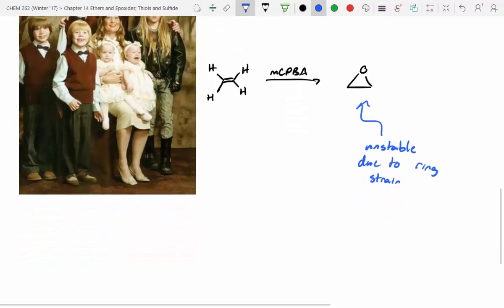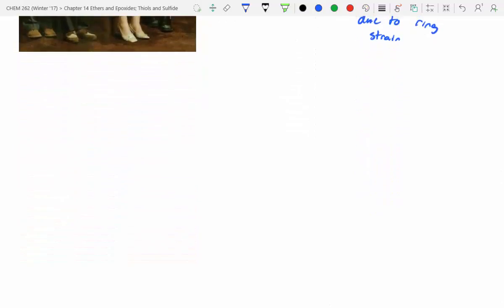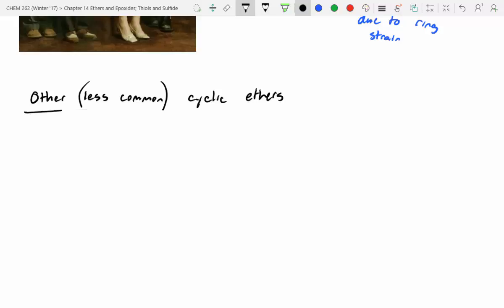There are a handful of other cyclic ethers. However, we're really not going to get into them too much, but I did want to briefly show you them. So I'll write other less common cyclic ethers. And these would be things like oxetanes that are the 4-membered rings.